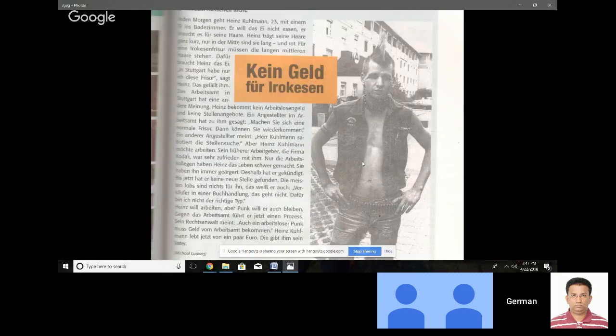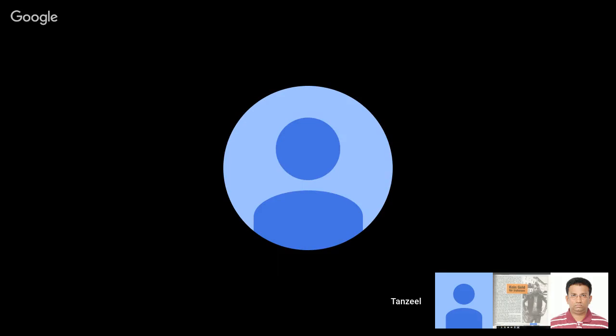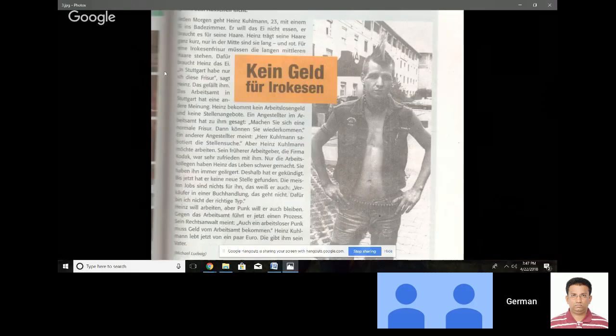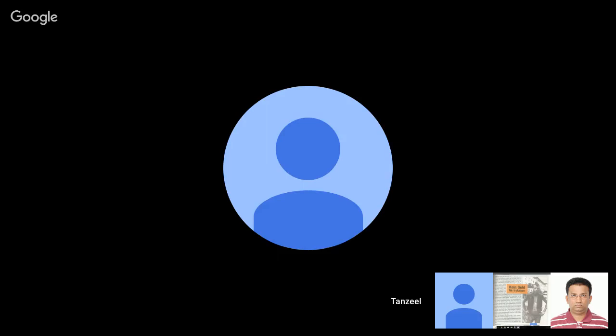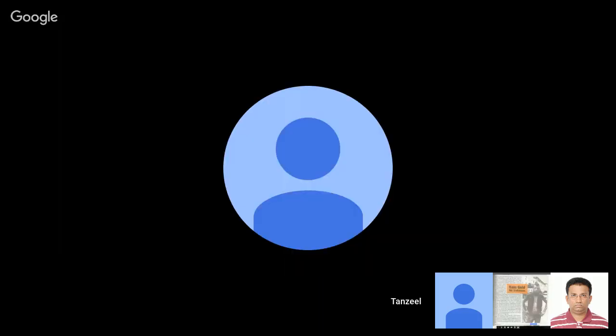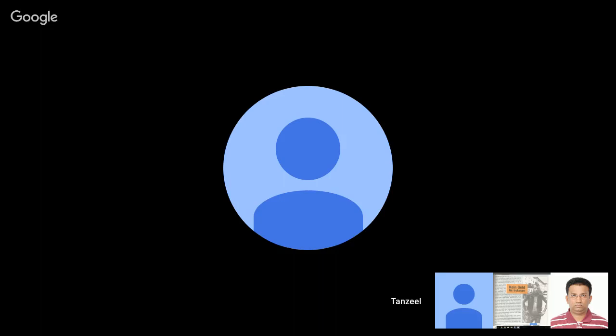Tanzil, can we start from "Institut gut"? Ja, in Stuttgart haben wir ist diese Frisur, sagt Heinz. Das gefällt ihm. Das Arbeitsamt in Stuttgart hat eine andere Meinung.